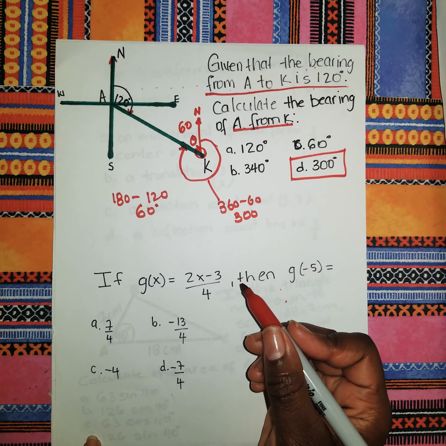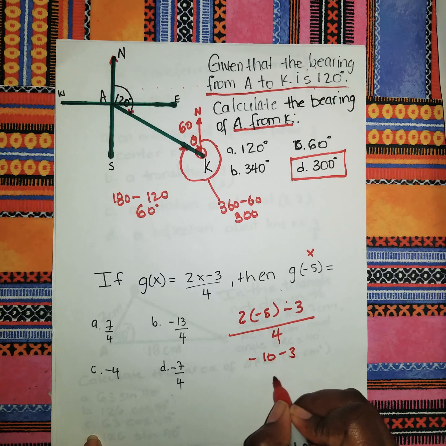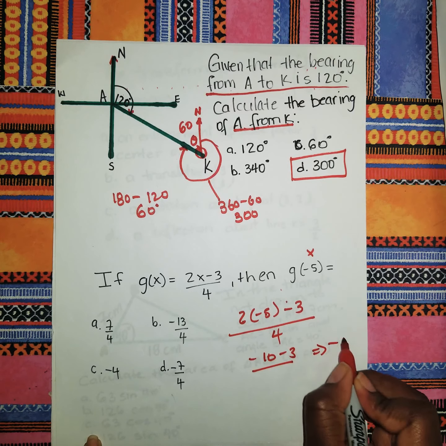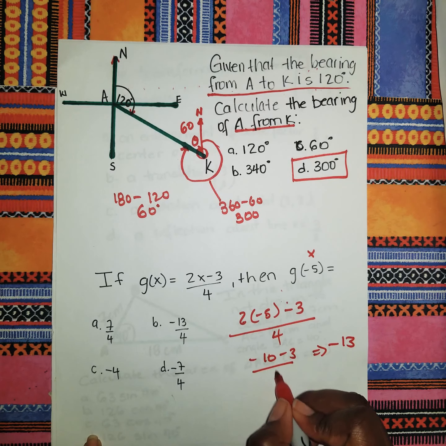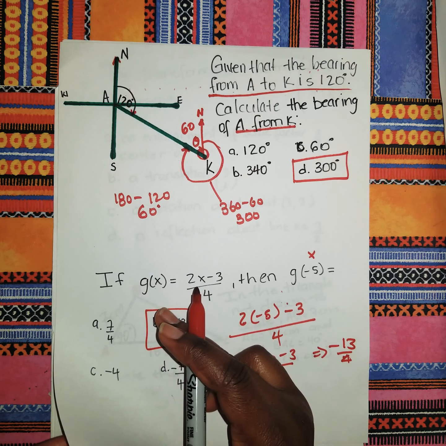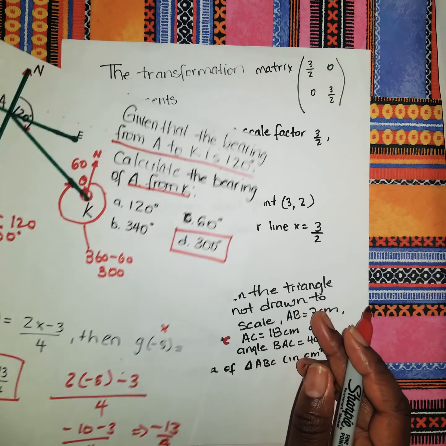Negative 5 times 2 is negative 10, minus 3 is negative 13, and over 4. So it's negative 13 divided by 4, and our solution is right here.